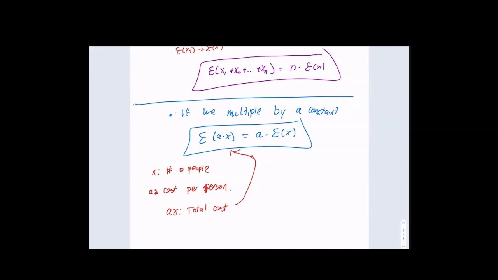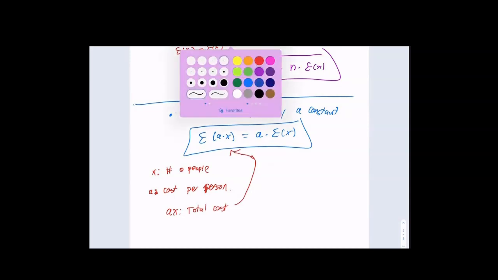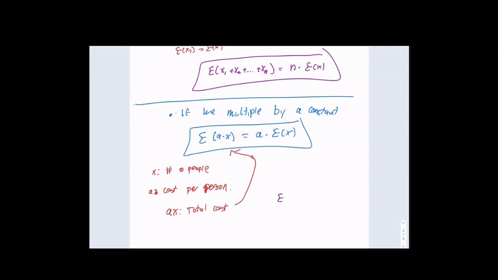Now, note on this part right here, we are not adding x n times. We are multiplying the cost of x by n.